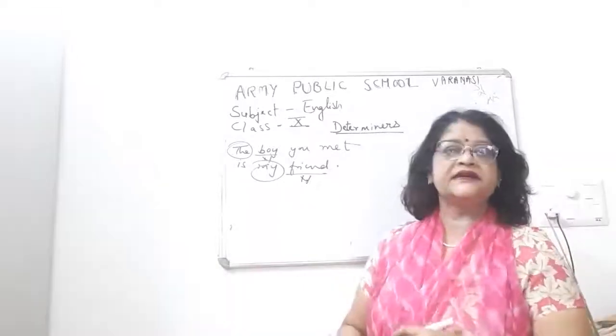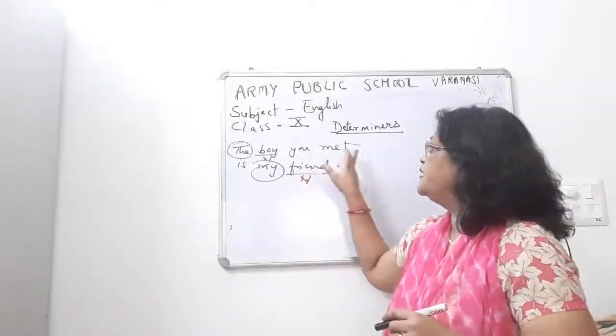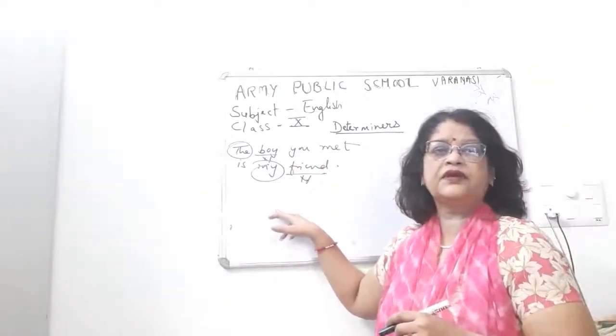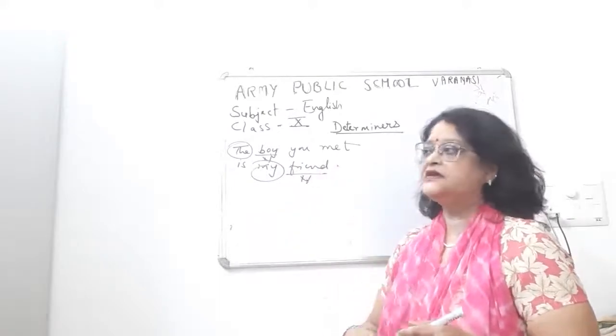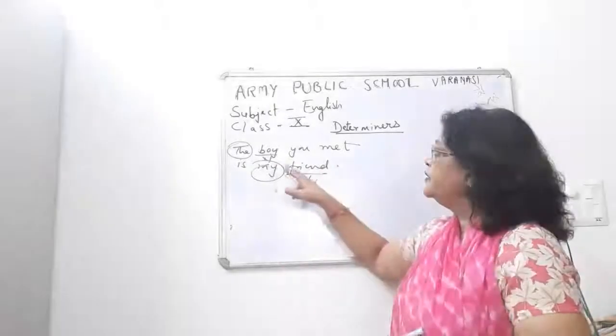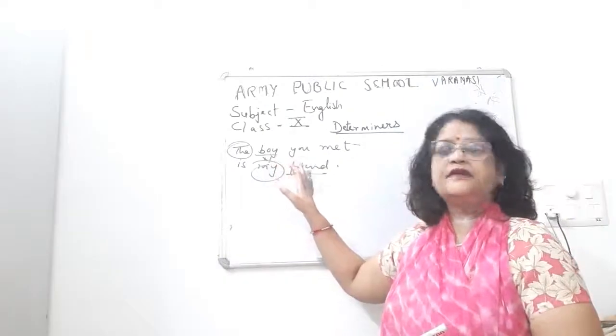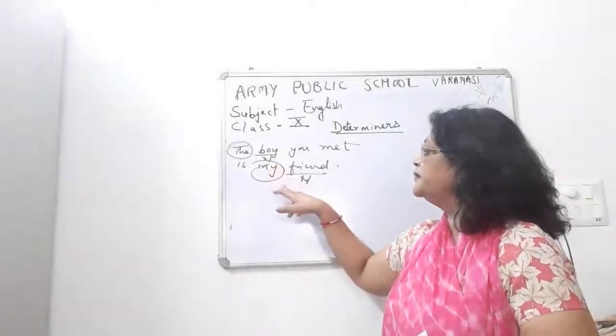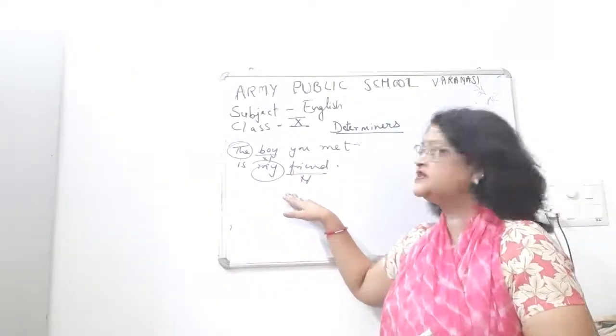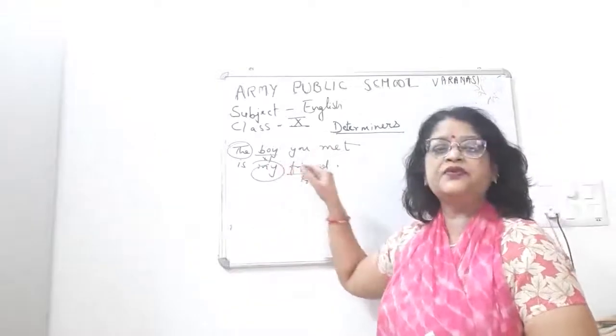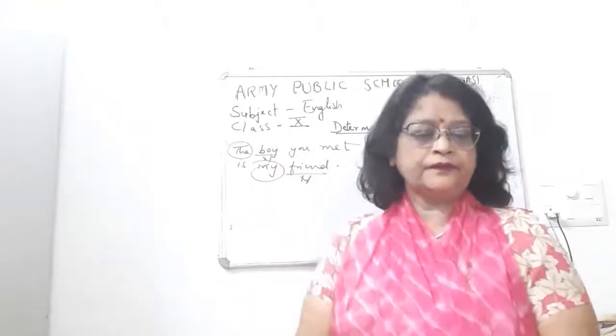You can see this sentence again: the boy you met is my friend. Now the is a determiner and my is a determiner, and what is the noun here? Boy is a noun and friend is a noun.